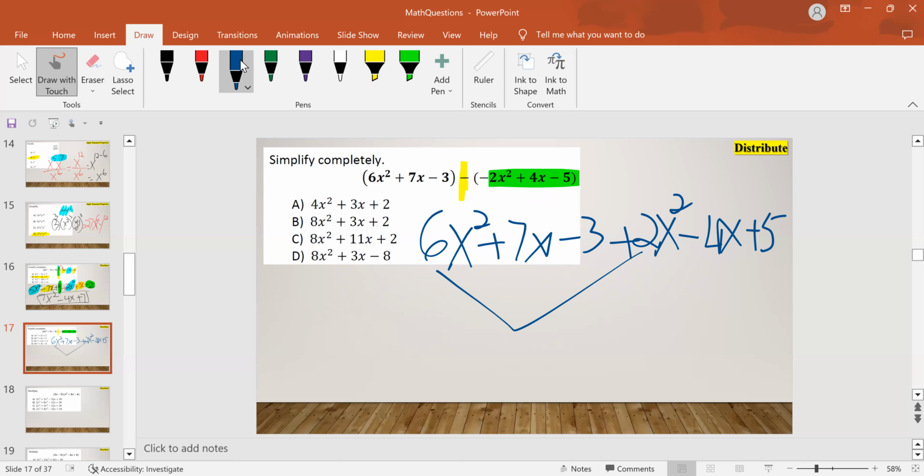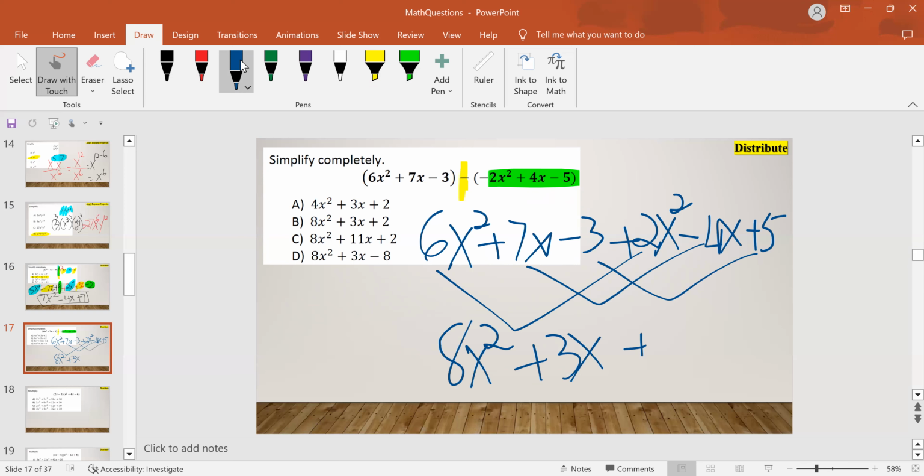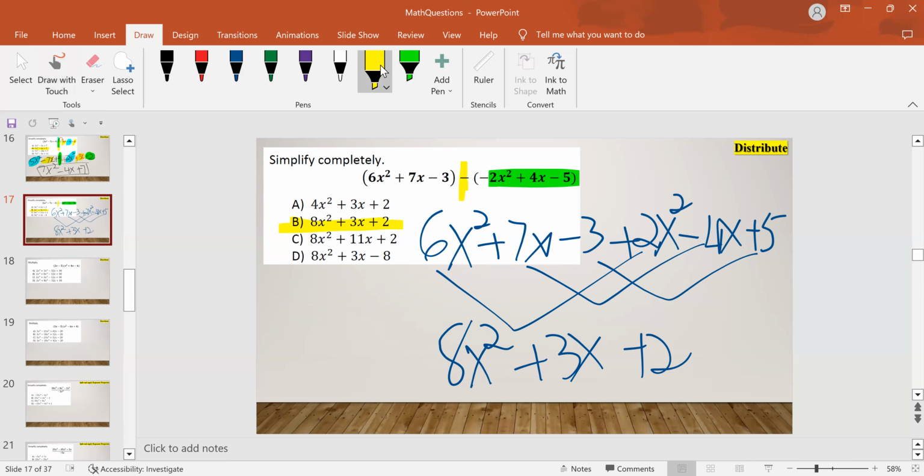This gives you 8x to the second power plus 3x plus 2. And if we check here, our best choice is B. Yeah, 8x squared plus 3x plus 2.